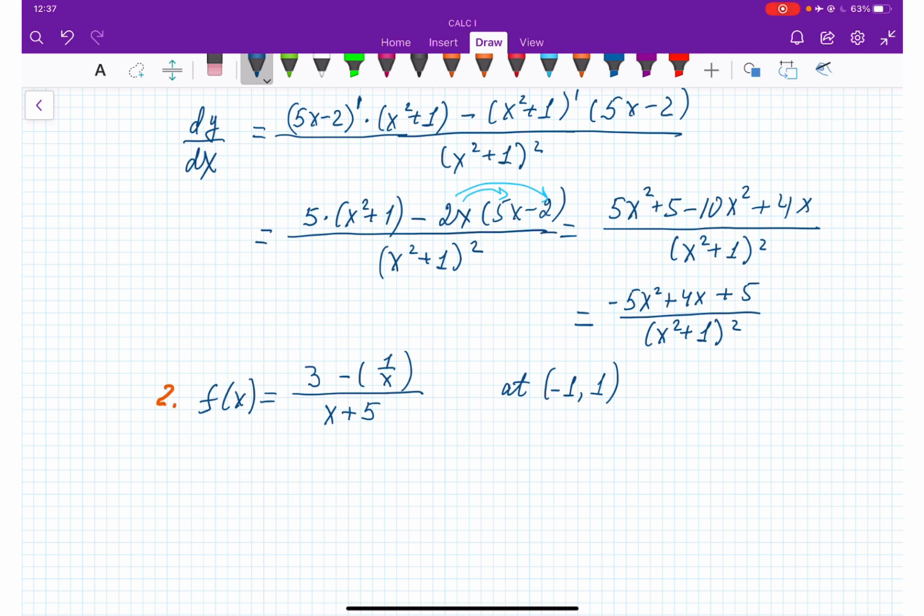So before we start taking derivative, I'm going to rewrite the original function to get rid of this fraction 1 over x, to make it easier for me.